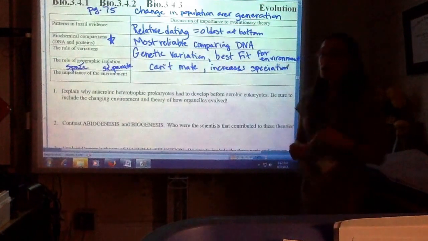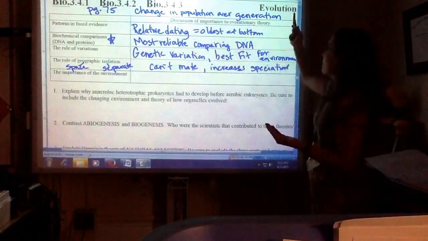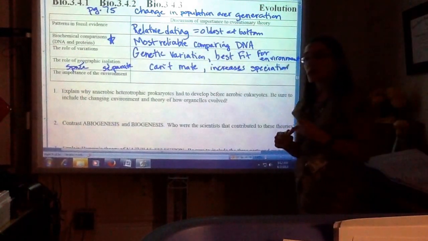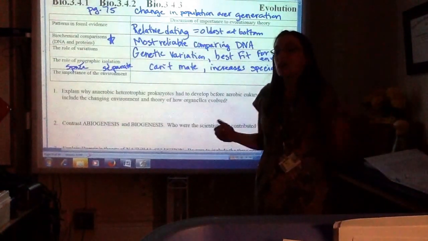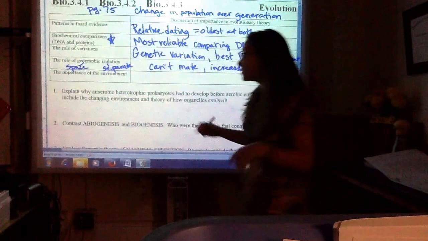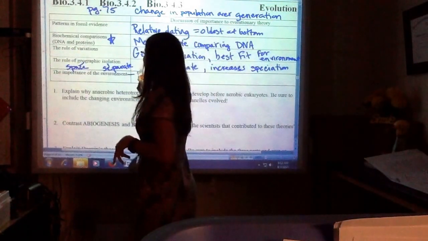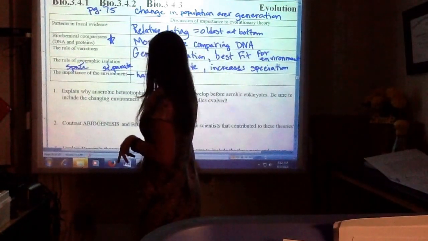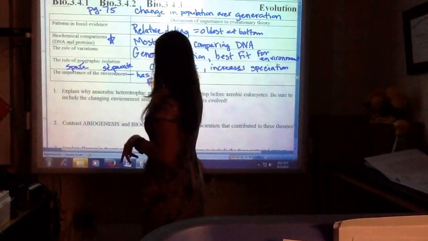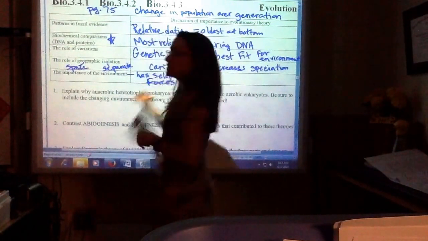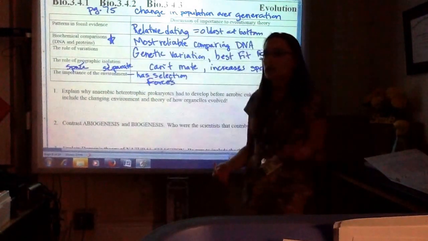The importance of the environment. What does the environment have to do with natural selection? Charles Darwin traveled all the way to the Galapagos Islands. He noticed each island was different. The environment has selection forces. Selection forces are things in the environment that force selection to happen.